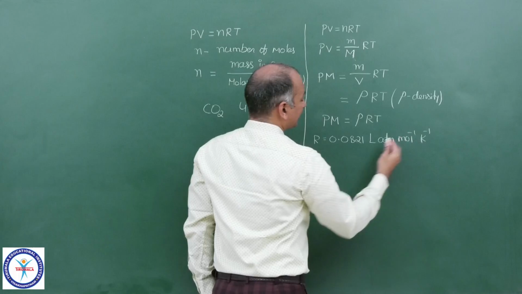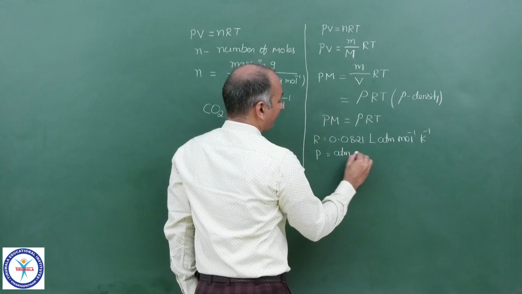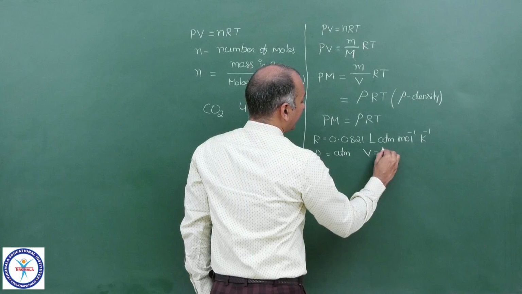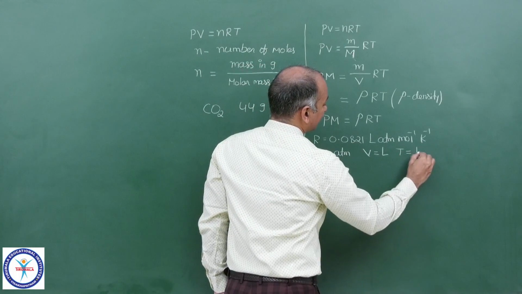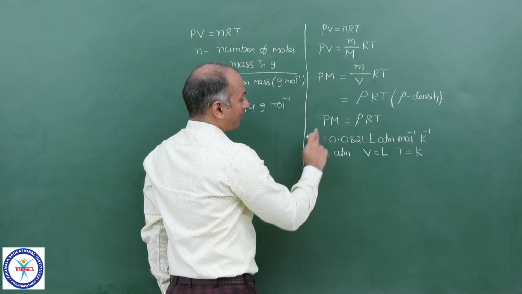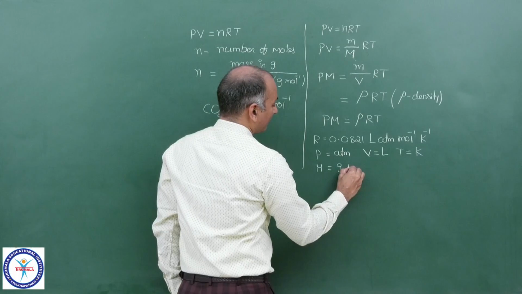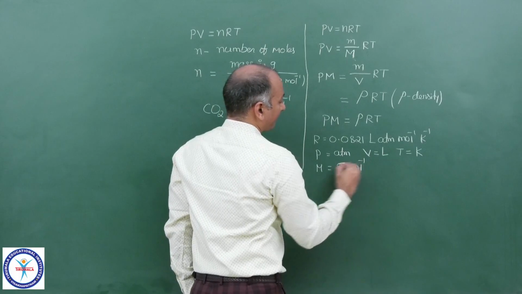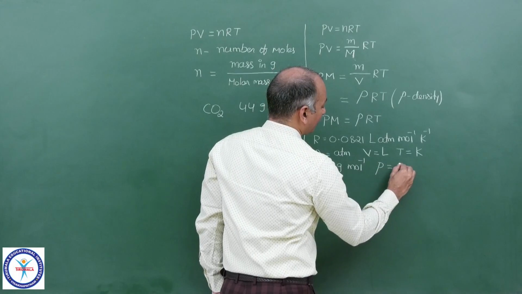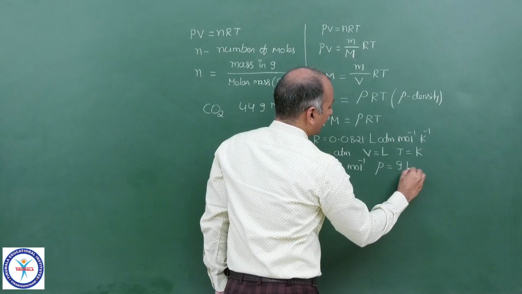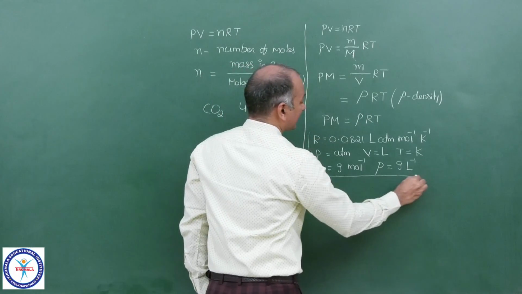So in that case, the pressure will be in ATM, the volume will be in liters, temperature is always Kelvin scale, molar mass gram per mole. Then in that case, the density will come in the units gram per liter. Now all of you see this. Be very careful with the units.